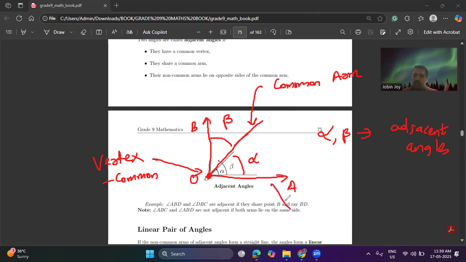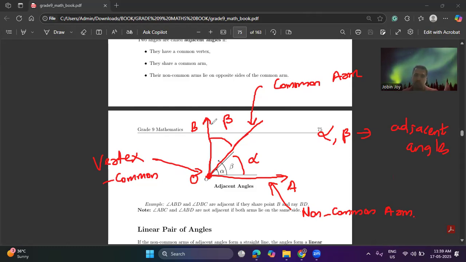Okay, and these two arms are called non-common arms. Check the position of the non-common arms that lie on the opposite side of the common arm. So this is the common arm and this non-common arm lies on the opposite side of this common arm, right?